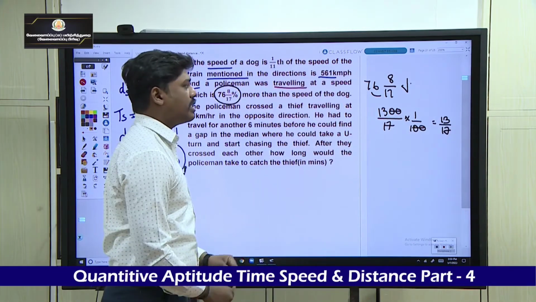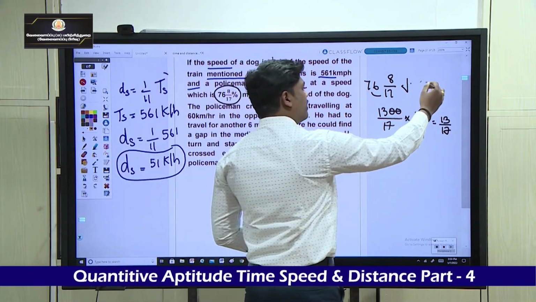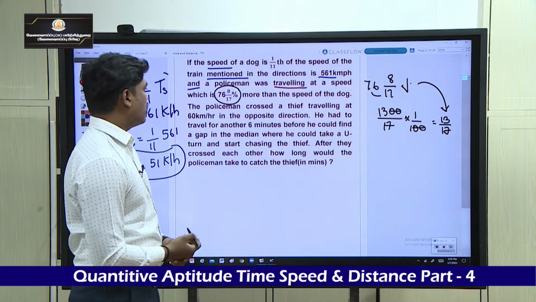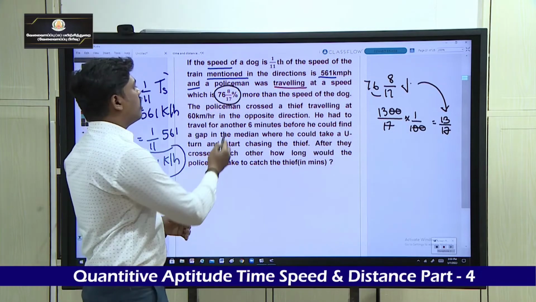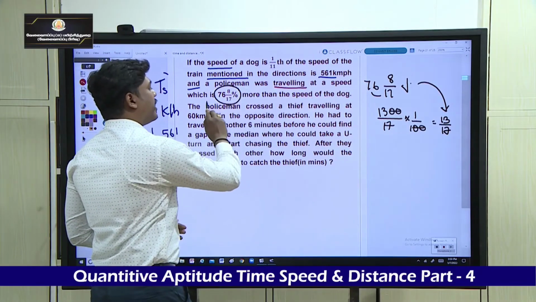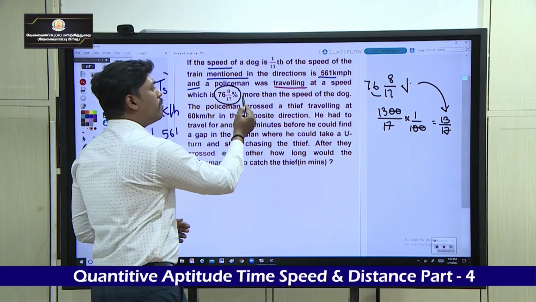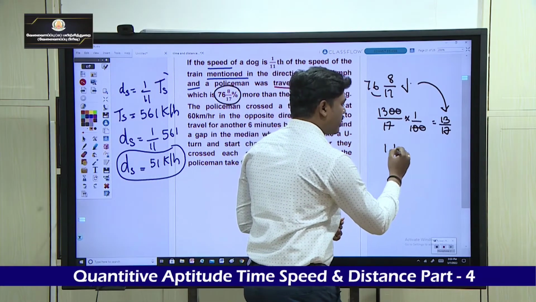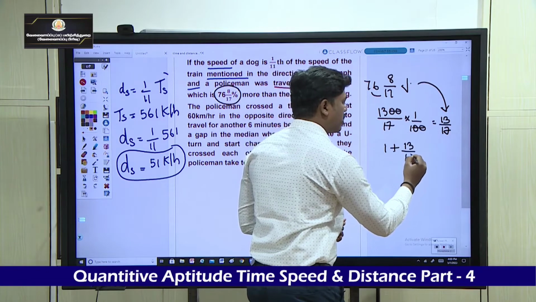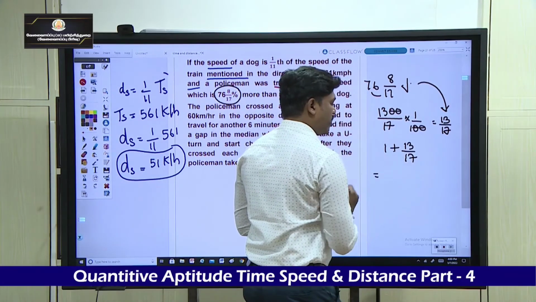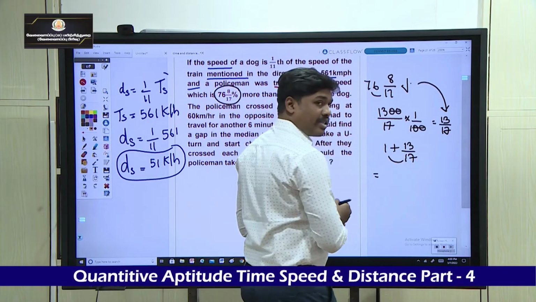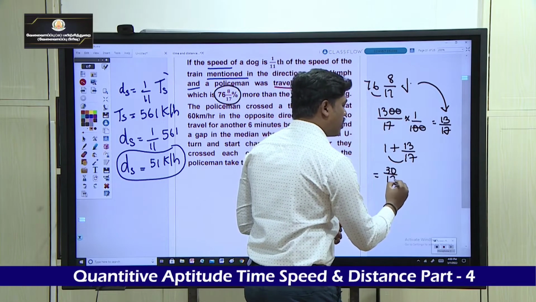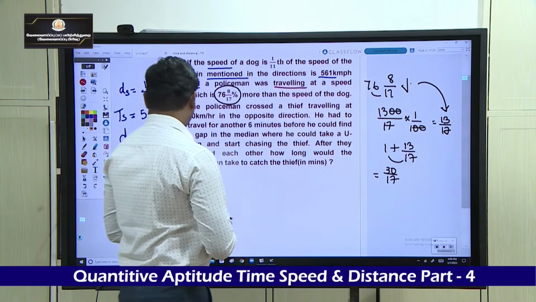So 76 8/17% converted to a fraction is 13 by 17. What I have said is the policeman was travelling at a speed of 13 by 17 more than the speed of the dog. More means 1 plus 13 by 17. 17 into 1, 17 plus 13, 30. So 30 by 17 of the speed of the dog.